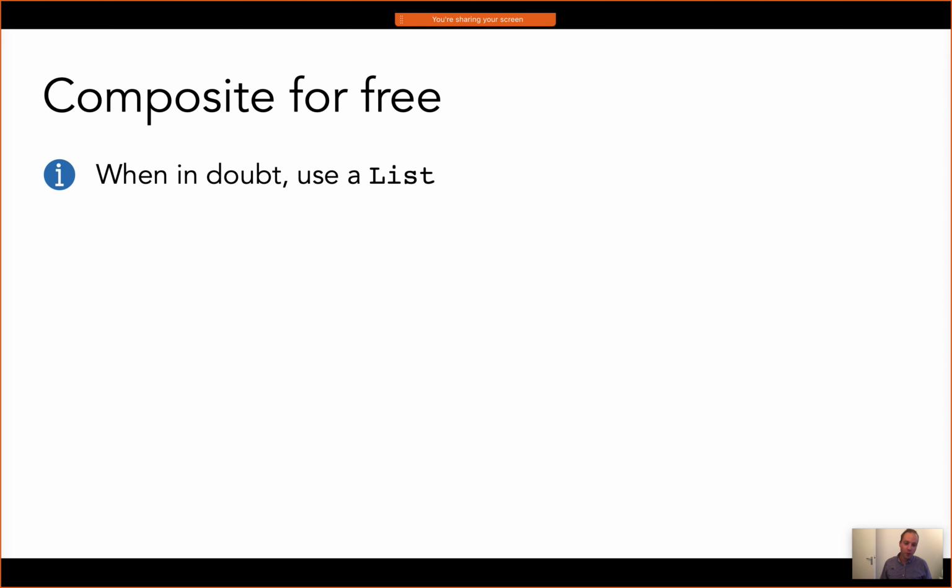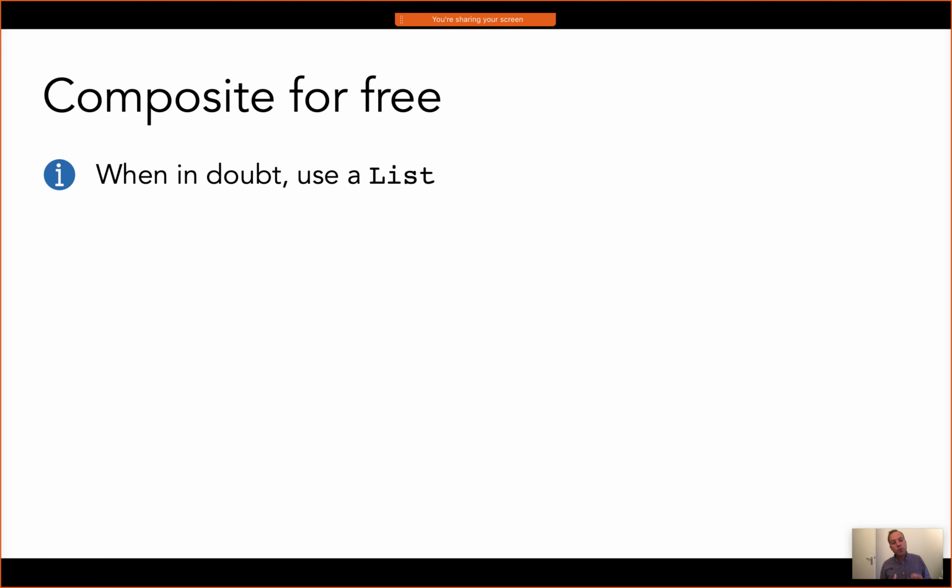I want to give you one final tip because it's really hard to come up with a proper composition operator for your return types, right? We've seen that. It takes some experience. And it's not always possible as well. If we have two elephants, we can't compose them into one elephant.